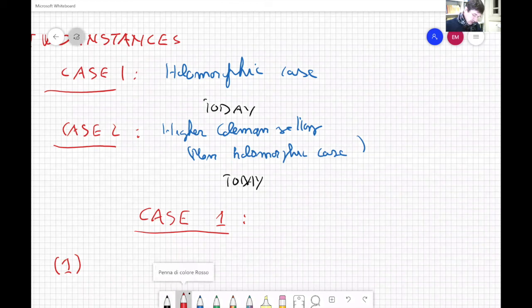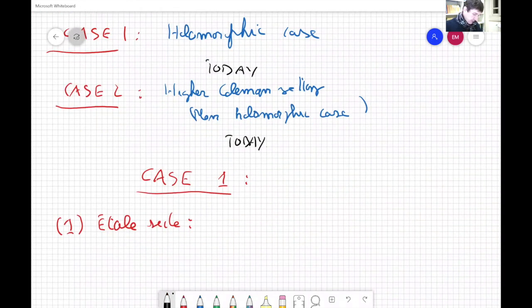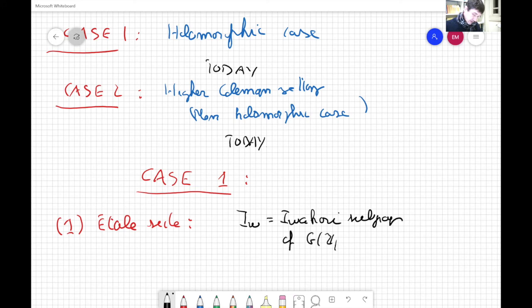So on the étale side, here is work of Stevens or Urban. You consider the Iwahori group of GSp4(Zp).